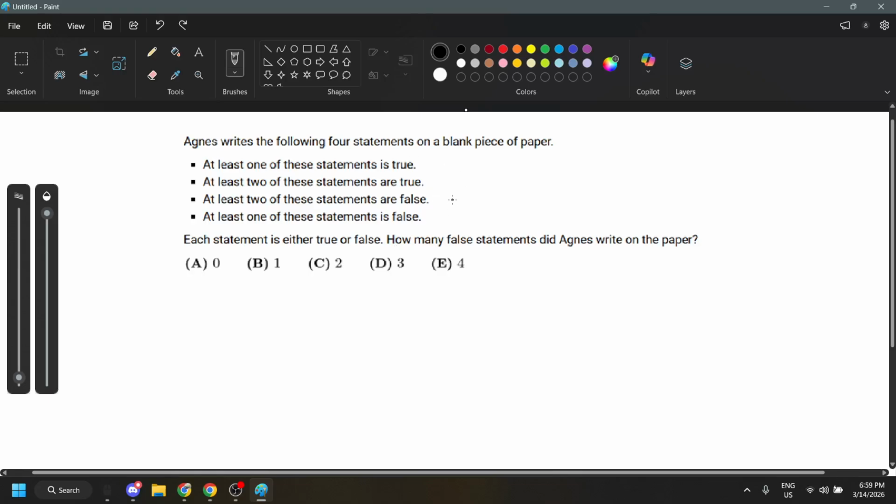Okay, I understand, because we're sniffing out the falsers, the non-truthers. At least two of these statements are false. At least one of these statements is false. Interesting.